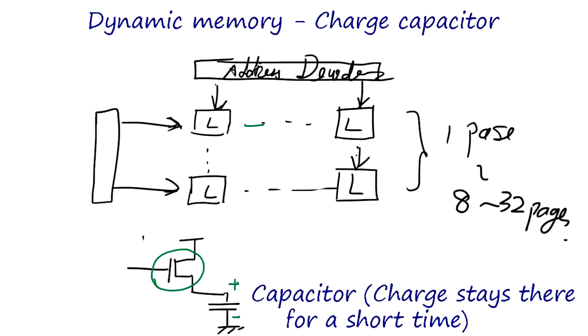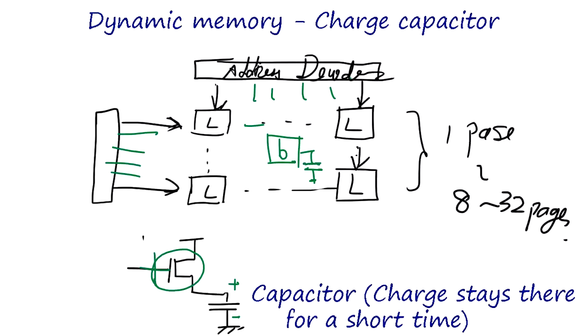Okay, so there is an enable gate, and the same story: the address is decoded and selects the 1 bit. This bit is basically a capacitor. Why do you do that? Well, you don't need a latch.